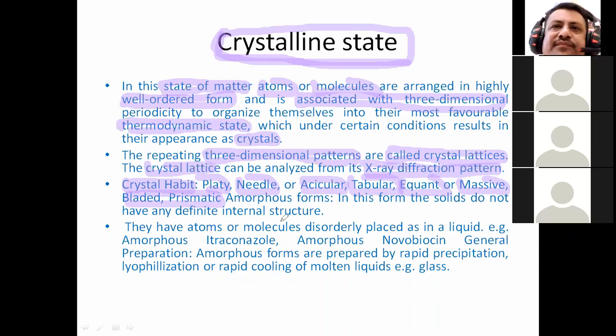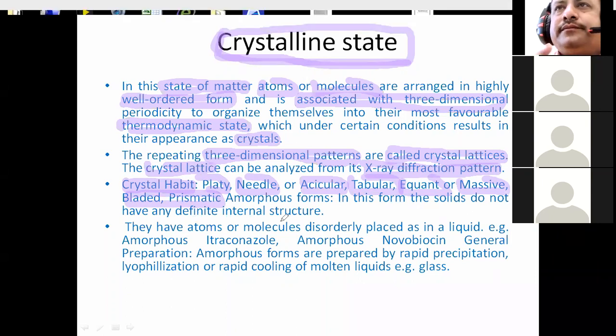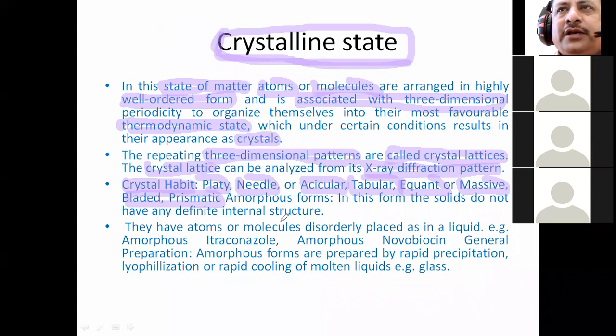I hope up to this point it is clear to everyone regarding the crystalline state. So the crystalline state is a state of matter in which the atoms or molecules are highly well ordered, in association with their three-dimensional periodicity, to organize themselves in the most thermodynamically stable state, which results in the appearance of this state as a crystal form.